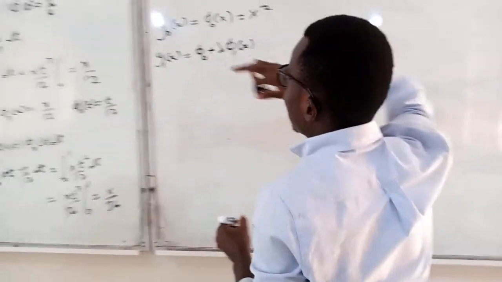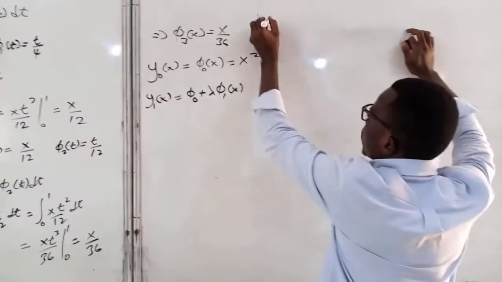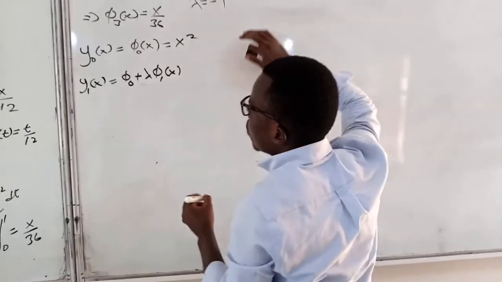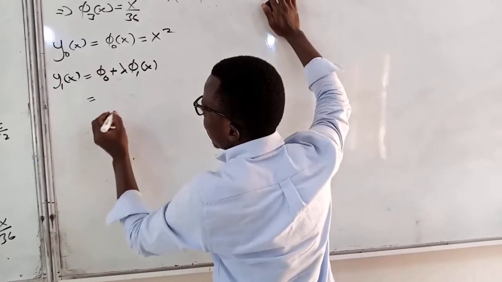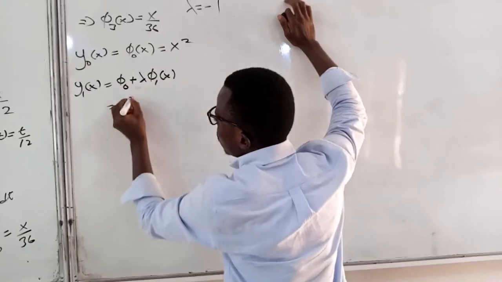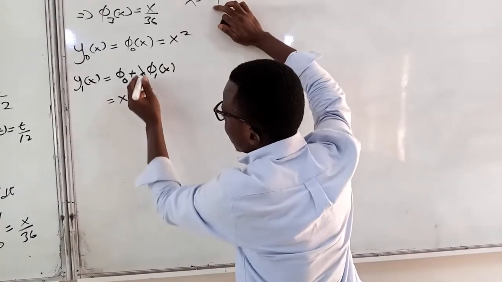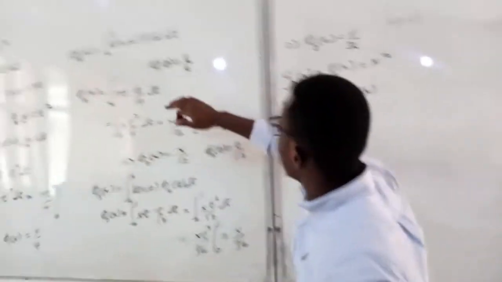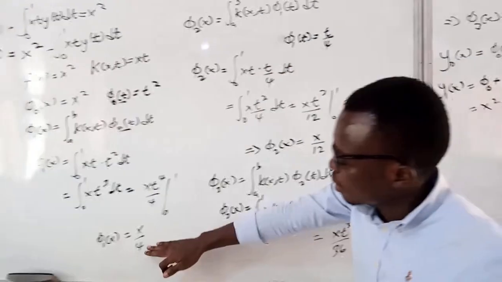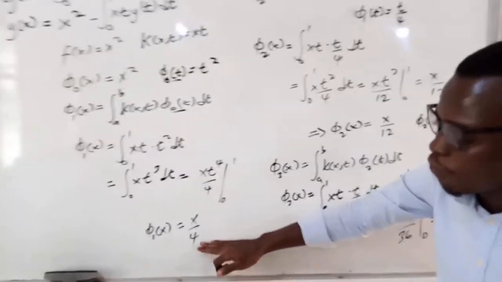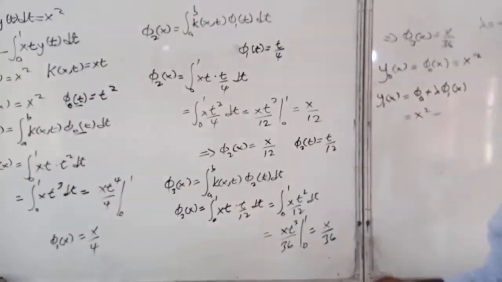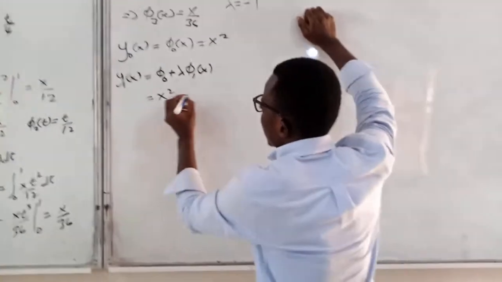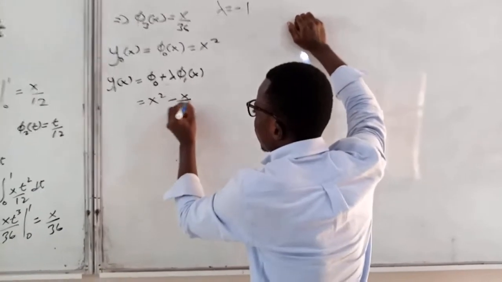In the question, lambda was given to be minus 1, and phi naught of s is s squared. And phi 1 of s is the same as s over 4. Let's put that s over 4 here. We have s squared minus s over 4.